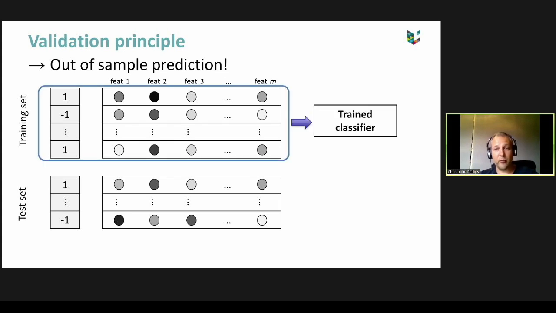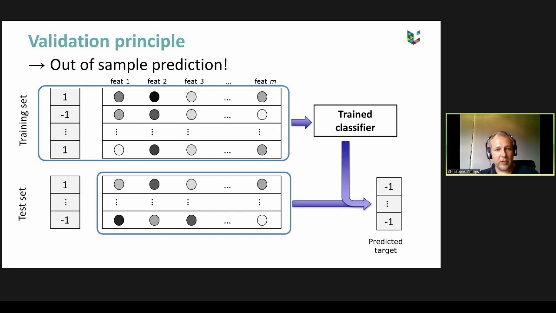And with a training set, we'll be able to train, for example, a classifier. So we use all the data we have, the features, and the label +1 or -1. Once this training is done, we can then use the test images and the trained classifier to predict the targets, the labels.